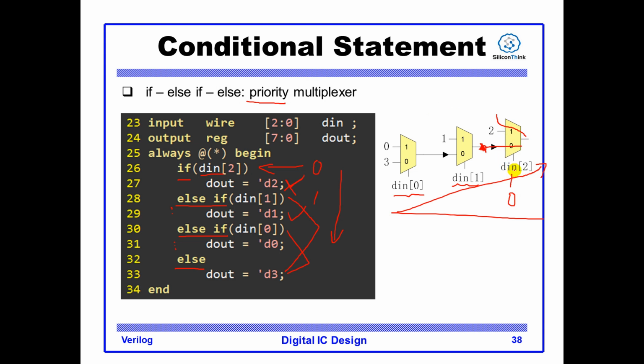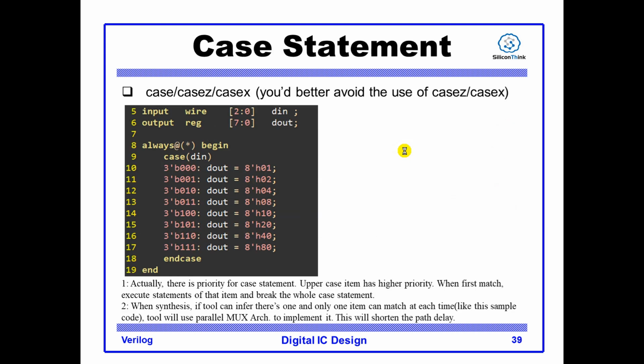This is the upper match item with higher priority. This is the lower match item with lower priority. Okay.